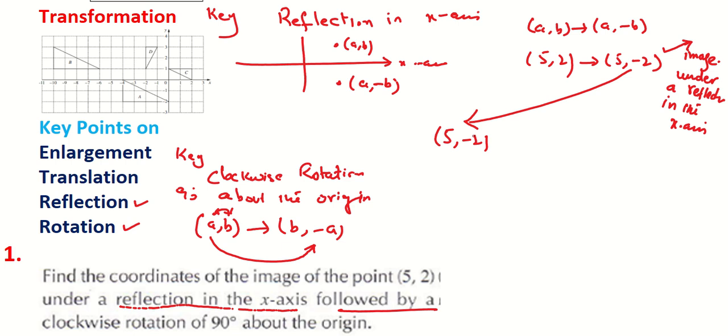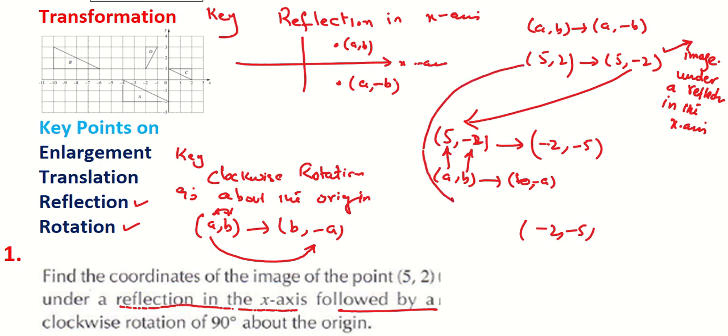So to rotate this point clockwise about the origin, we change (a, b) into (b, -a). So b as it is, which is -2, and change the sign of a, which is -5. So the answer is (-2, -5). After successive transformations on (5, 2), we have (-2, -5).